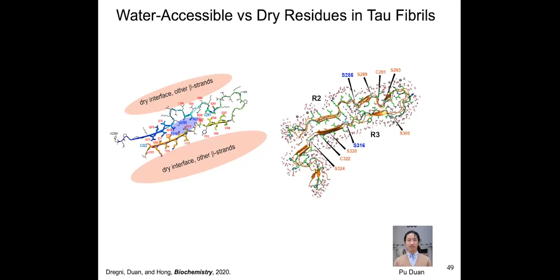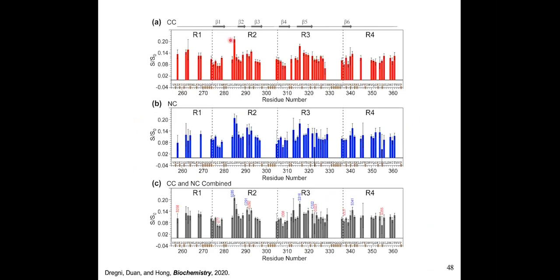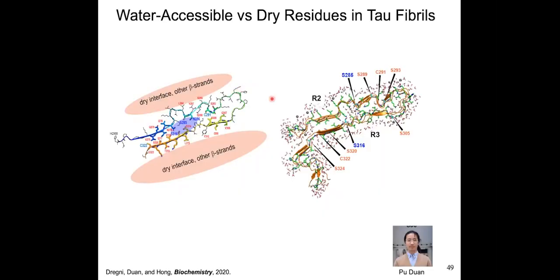And in the case of tau, this particular sample of 0N4R tau, we found that in this beta arch, there's a zone in the middle here that has more water accessibility for the various residues that flank both this top part and the bottom part. And that came from the site-specific analysis. Okay, so now we can run MD simulations.